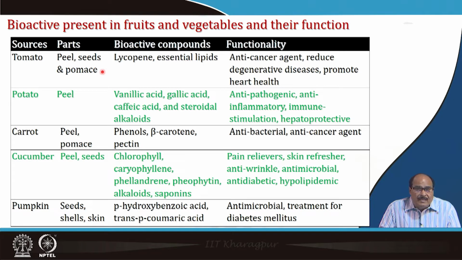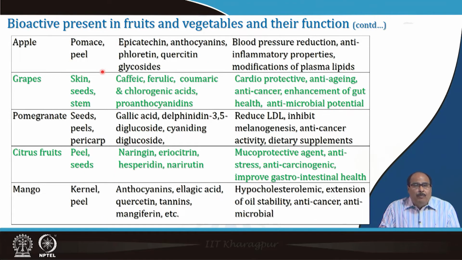Carrot peel and pomace contain phenols, beta carotene, pectin, which have antibacterial activity, and they are also anti-cancer agents. Even pumpkin seeds, skins, shells have para-hydroxybenzoic acid, para-coumaric acid, and they are antimicrobial. Even the apple pomace and peel contain epicatechin, anthocyanins, quercetin, or other glycosides, which help in reduction of blood pressure and have anti-inflammatory properties.